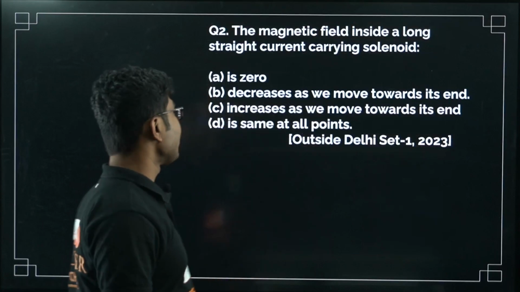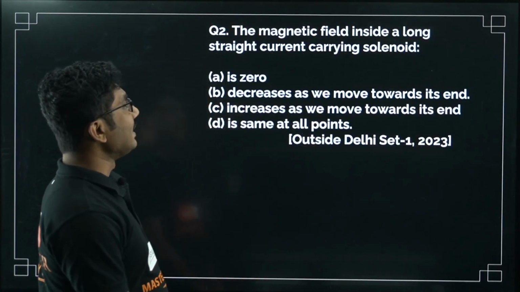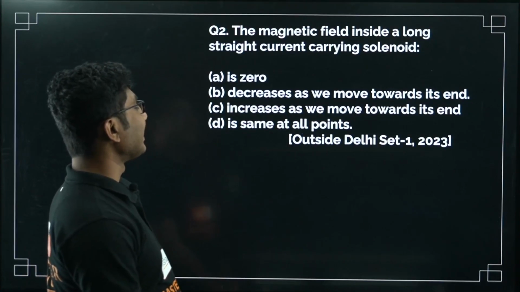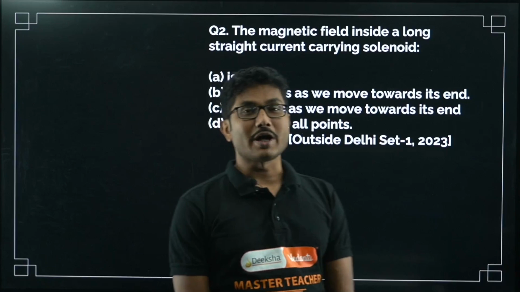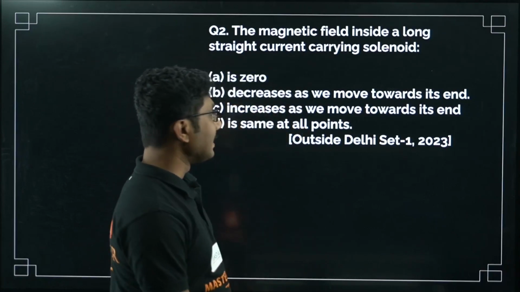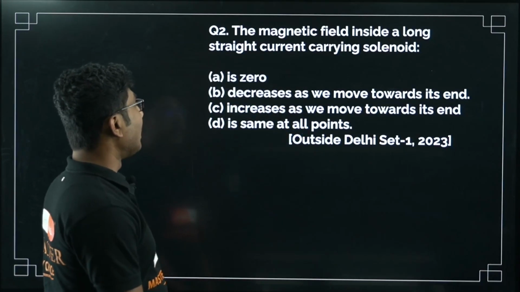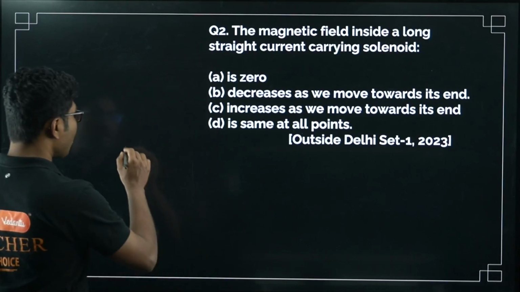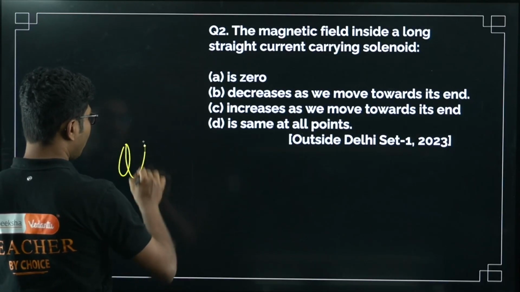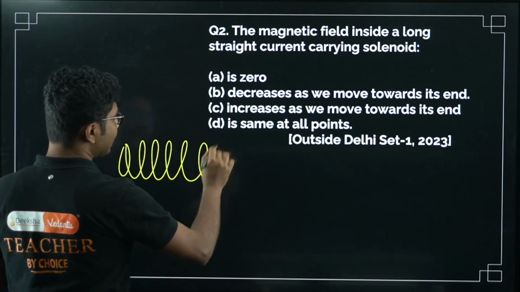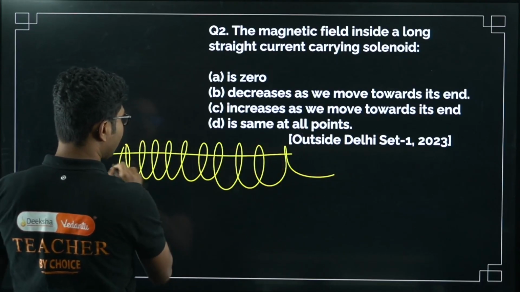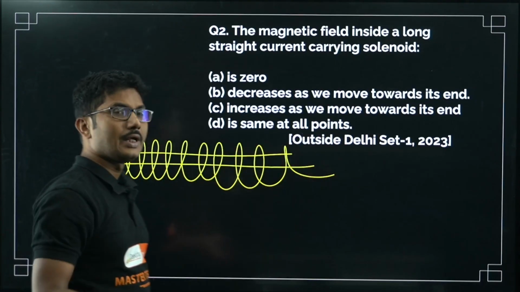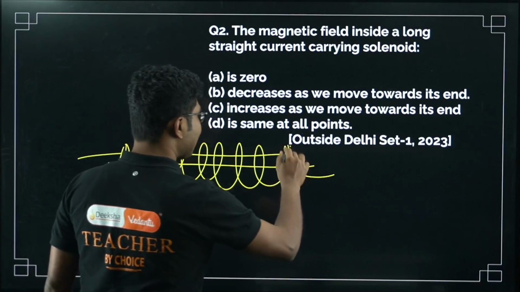Now the next question: the magnetic field inside a long straight current carrying solenoid. This question is directly taken from your textbook, and it also came in Outside Delhi set 2023. So for magnetic field lines along a solenoid, if the solenoid is long, the magnetic field inside the solenoid is constant, except exactly at the edges.